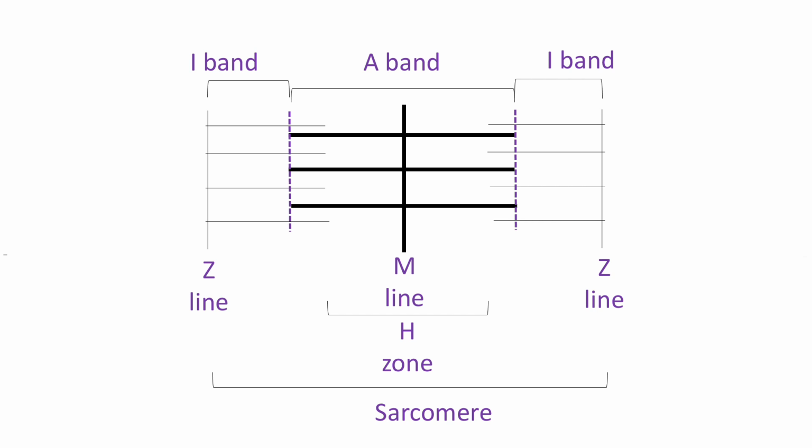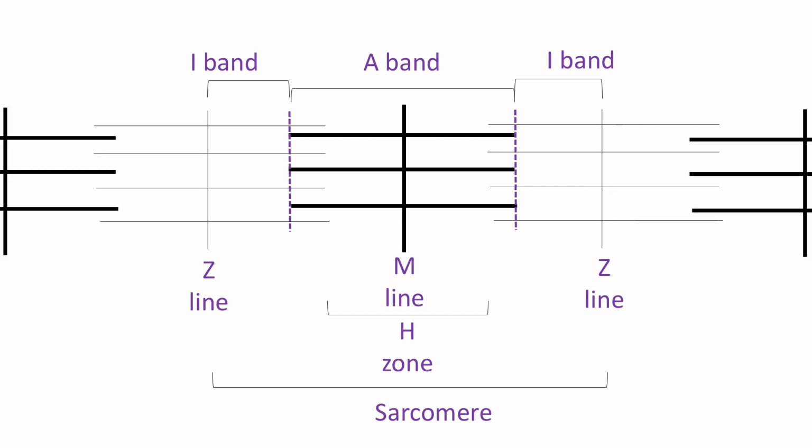Now, in reality, we don't see sarcomeres just individually like this, although it's helpful to label them. I'm just going to add some extra information here, which is the other parts of sarcomeres connected to that sarcomere. But remember, a myofibril is going to have many of these sarcomeres.